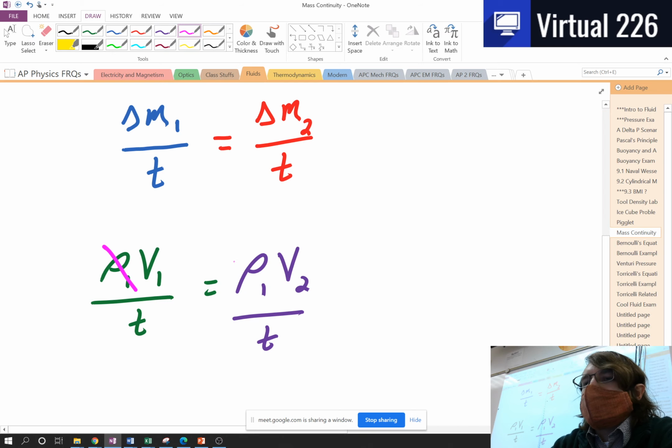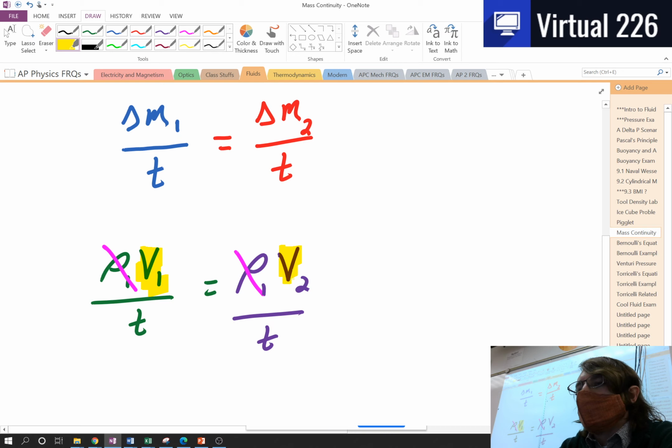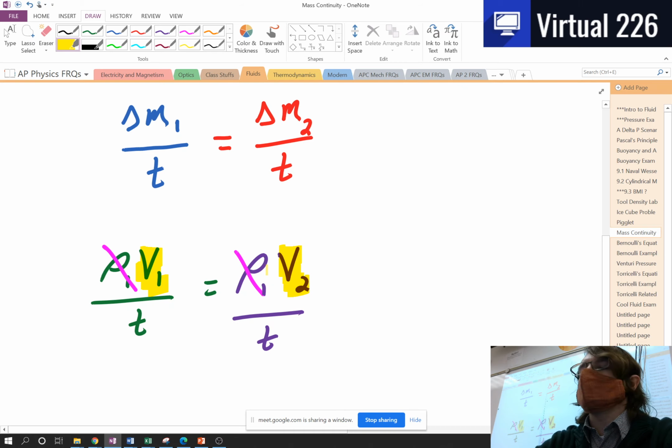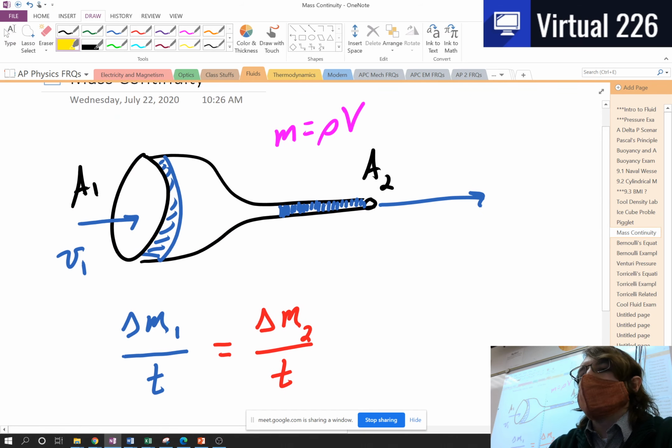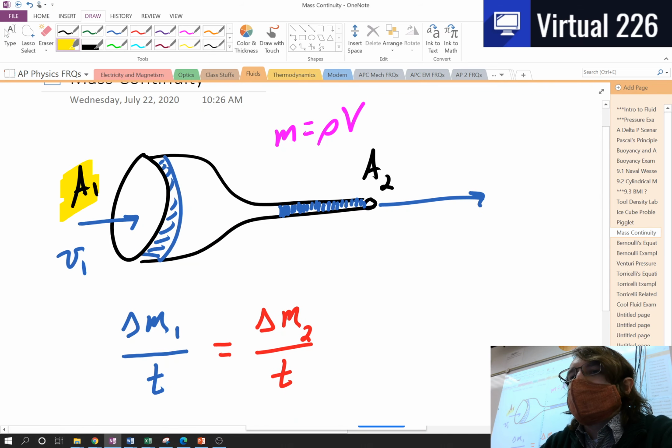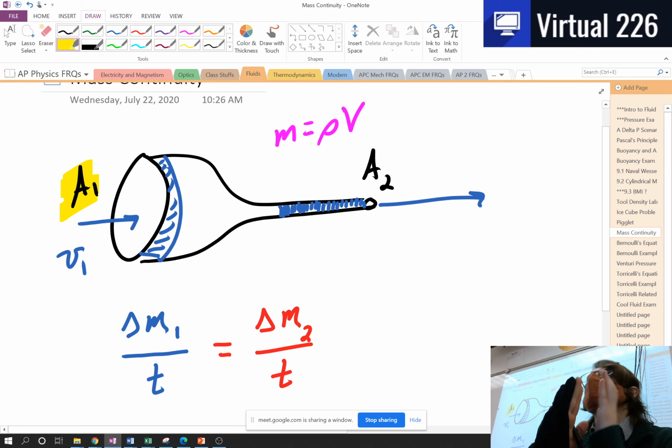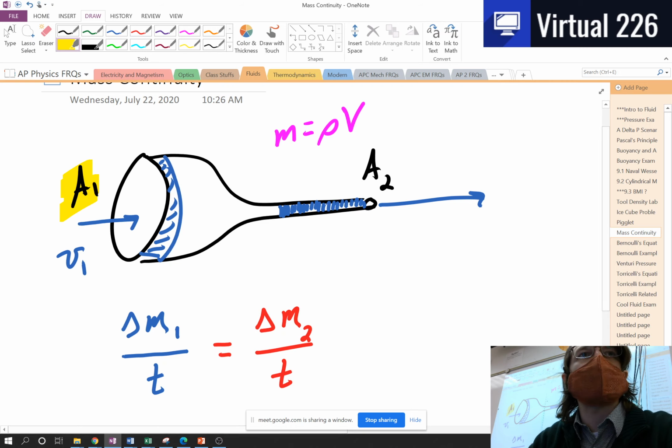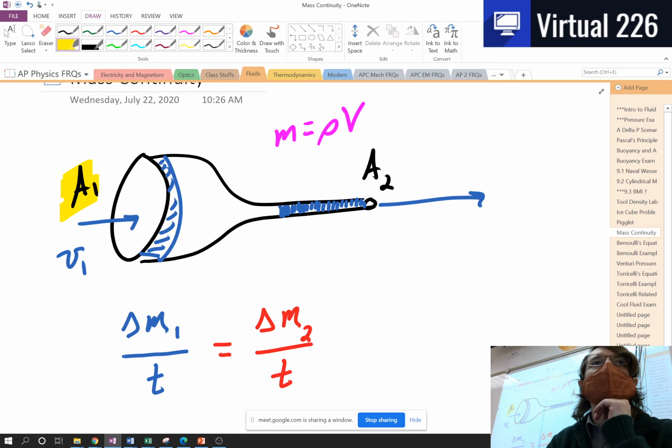Now, these densities are the same here, so who really cares? But let's rewrite this volume, okay? Because while this volume, we know it could be different, or we know that volume is going to be the same, it's shaped differently. We know a volume is shaped by a cross-sectional area and then some depth or some distance, right? An area is meters squared. If we multiply that with some length or some distance, we get meters cubed. That's a volume.